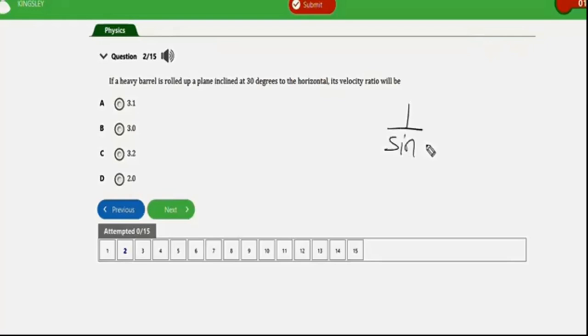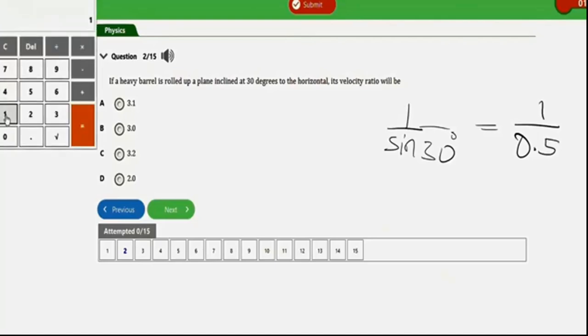So the angle there is 30, sin 30 degrees, which is 0.5. So this is 1/0.5. When you punch this into the calculator, 1 divided by 0.5, we have the output to be 2. So the correct option is option D.